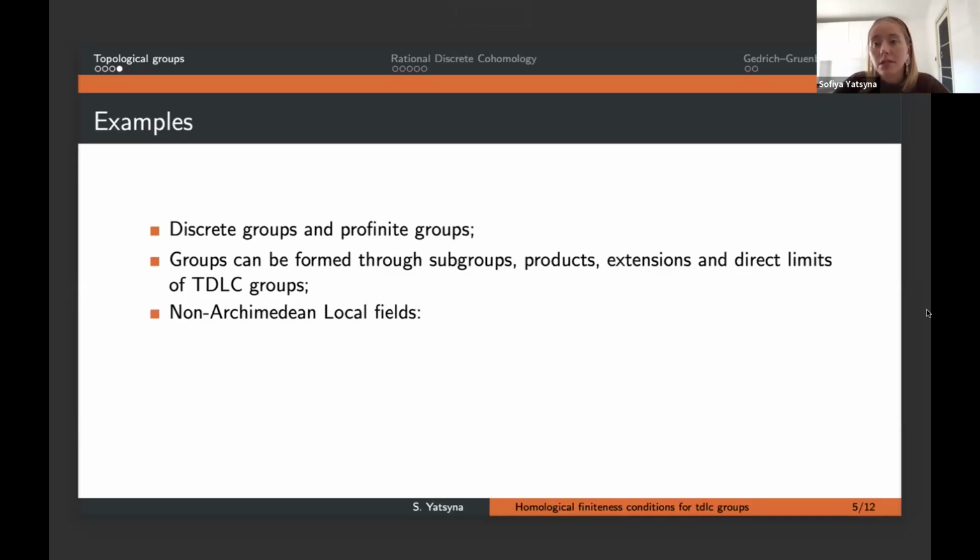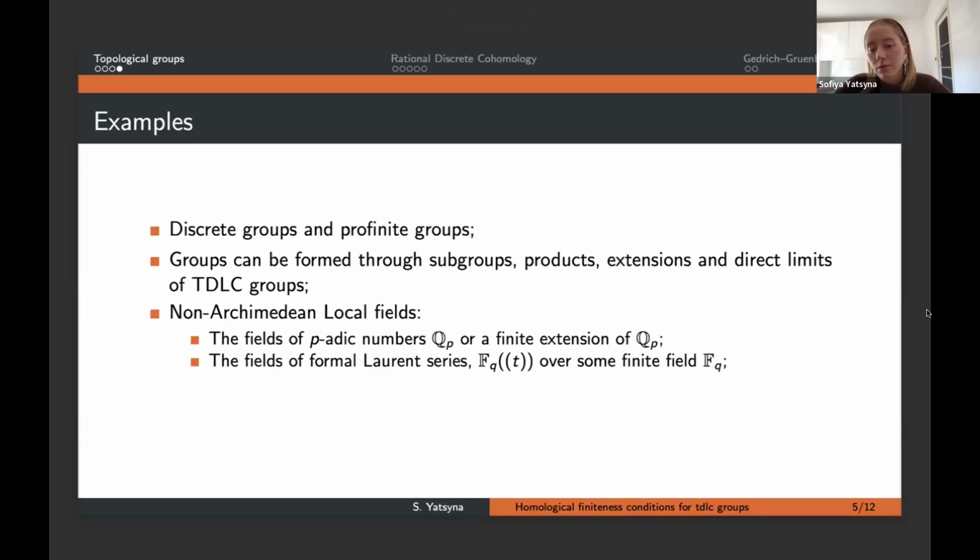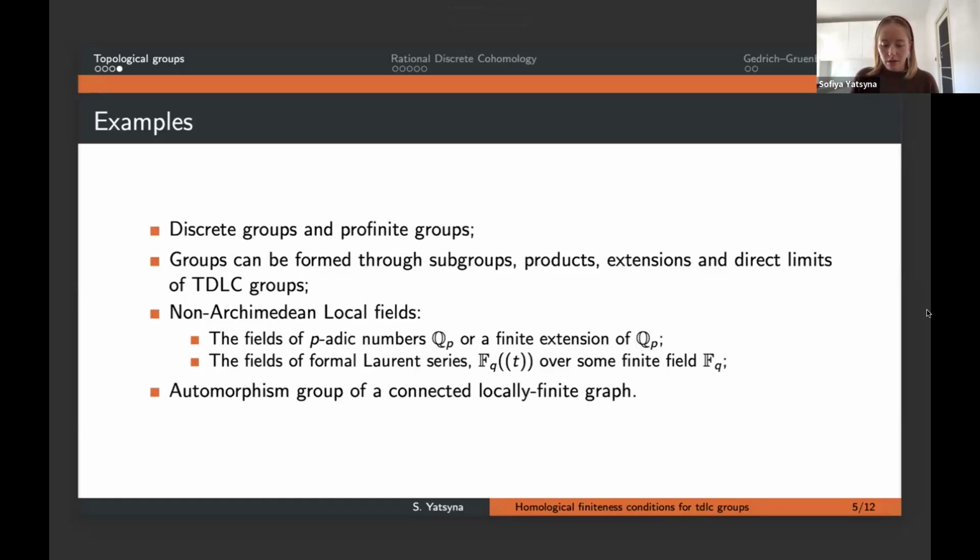You also have non-Archimedean local fields, and generally these can be classed into two groups. So this is the field of p-adic numbers or their finite extensions, or you can have the Laurent series over some finite field. And another, I think, interesting example to work with, if you want to have a look and see how the topology works through a TDLC group, is the automorphism group of a connected locally finite graph.